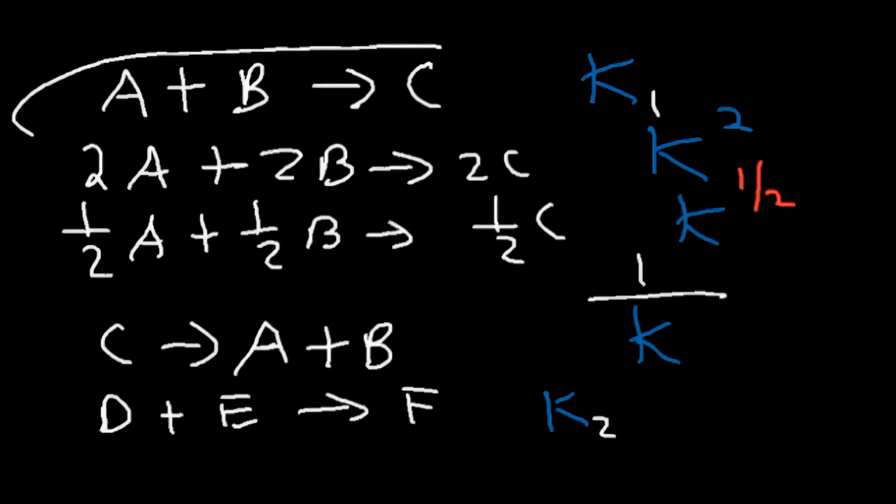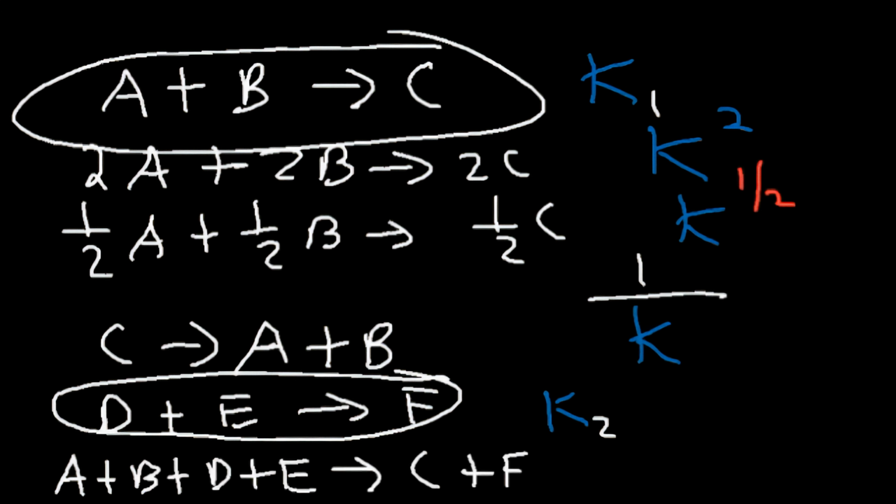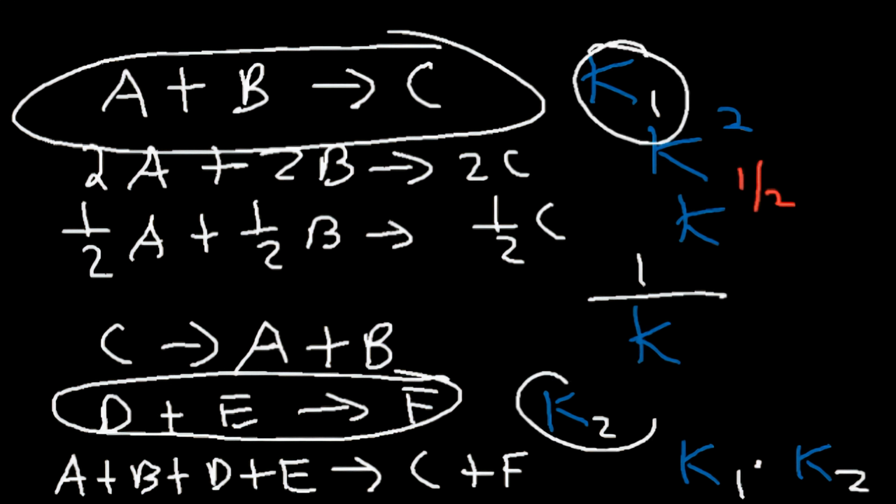So if we add equations 1 and this equation, that will give us A plus B plus D plus E turns into C plus F. So the K value that's associated for that reaction is K1 times K2. It's the product of these K values. So make sure you understand that in case you see it on your next exam or something. So that's it for this problem.